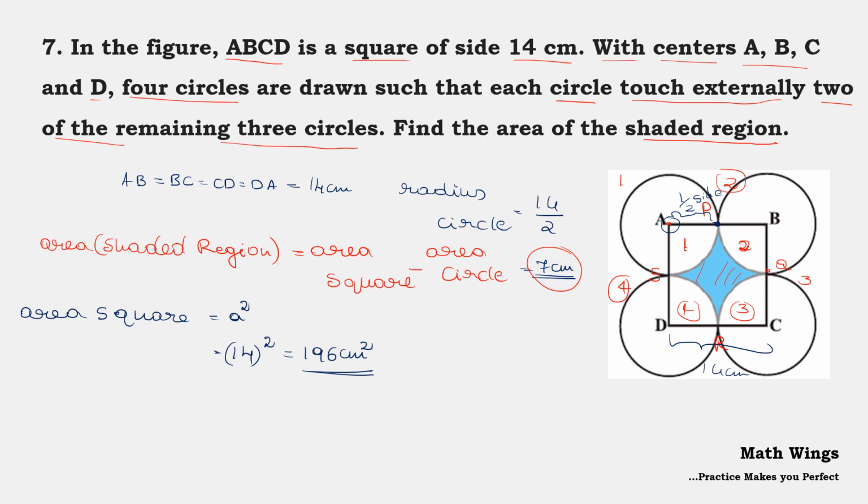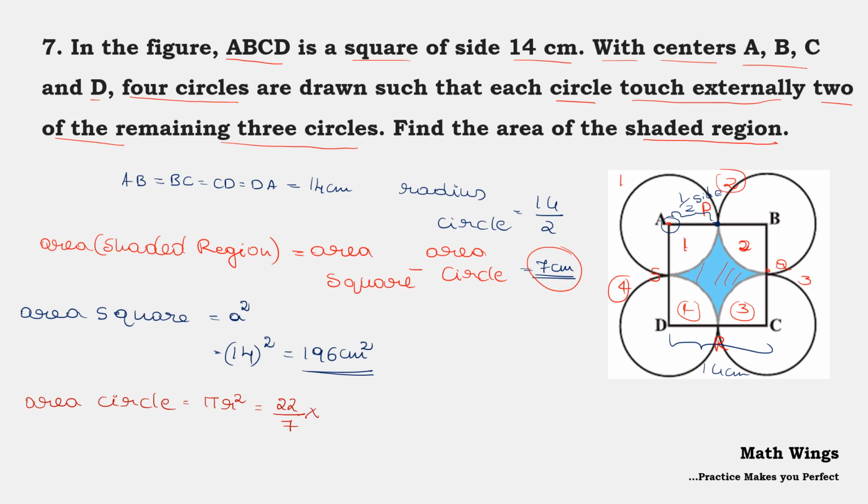Area of the circle is given by pi r square. Here they have not asked us to take pi as any value, so we can keep pi as 22 by 7, into r squared. What's the r value here?